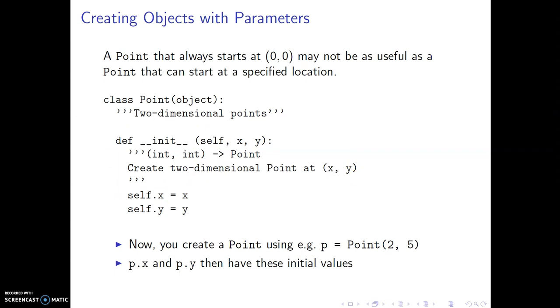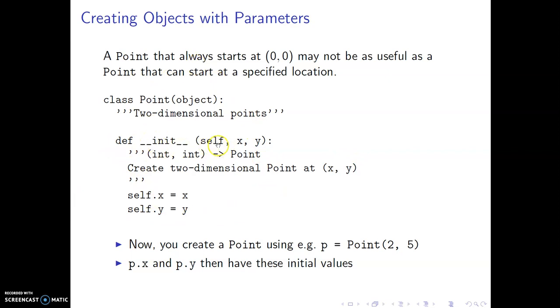Okay, so we don't have to just define 0, 0 as the kind of null initial starting point. A point that always starts at 0, 0 may not really be what we want. We may want to be able to specify more directly. So notice this is exactly what we had two slides ago.